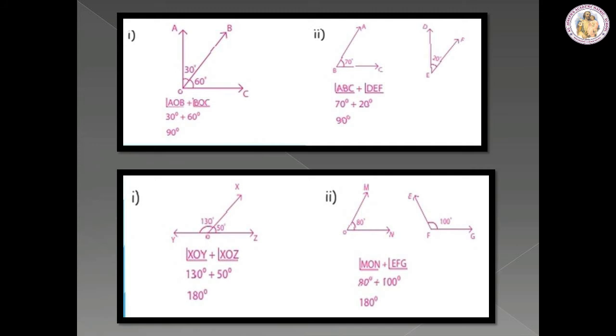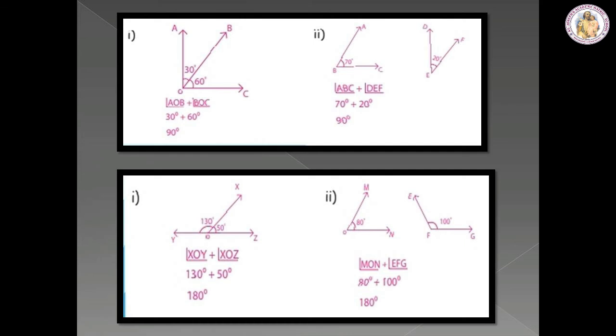First one, complementary angles. You all know complementary means 90 degree. For example, 30 degree plus 60 degree equals 90 degree. The first one is complementary angles.